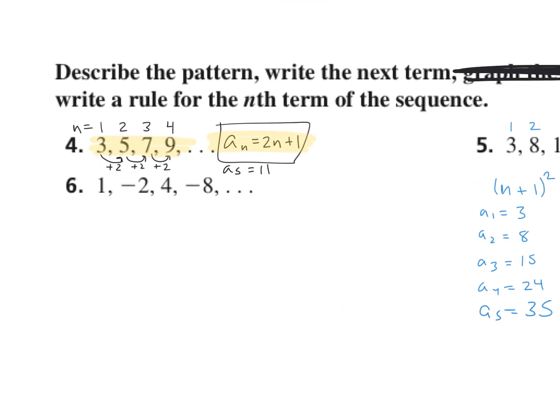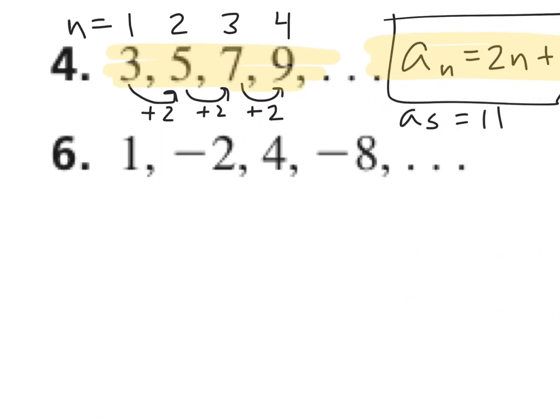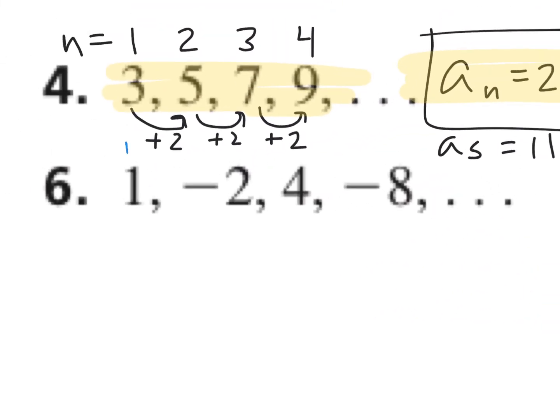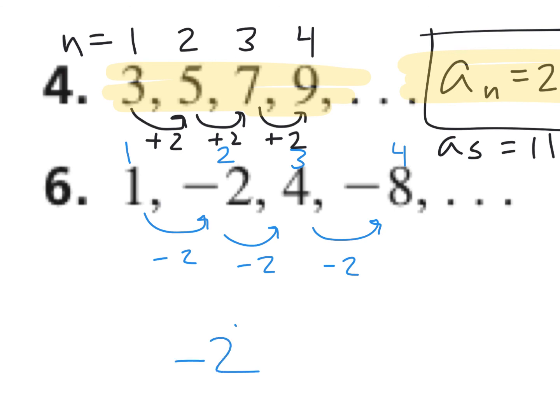All right. Let's look at 6. So we have our first term, second term, third term, fourth term. We're multiplying by -2 each time. When you multiply by a number each time, that's like your base and your n is the exponent.